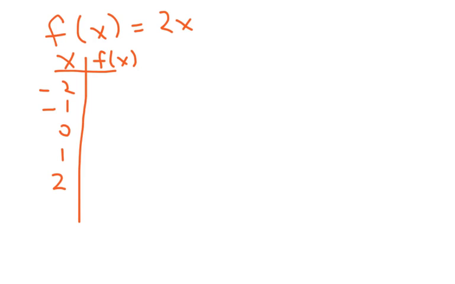Okay, we're going to start out with evaluating this function. Our function is y equals 2x. What we're going to do is just evaluate with these domain values here. So I'm going to evaluate when x is negative 2.